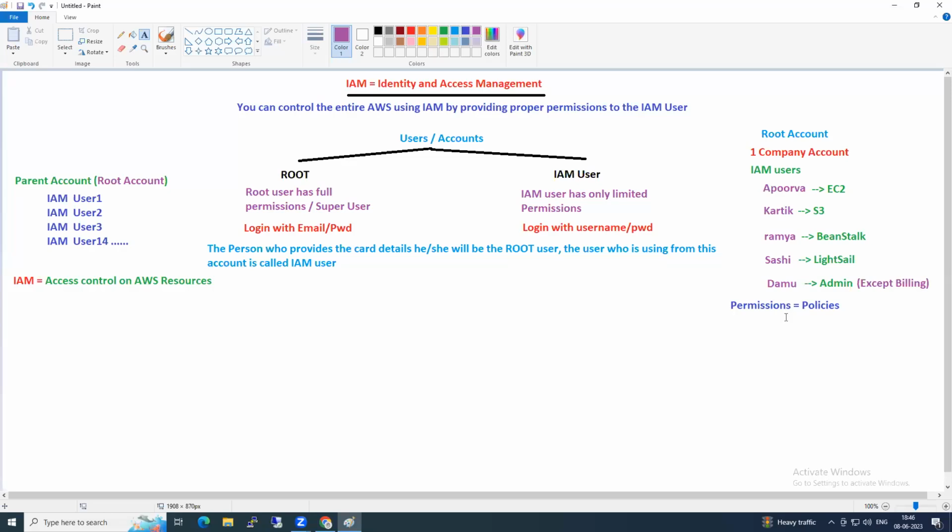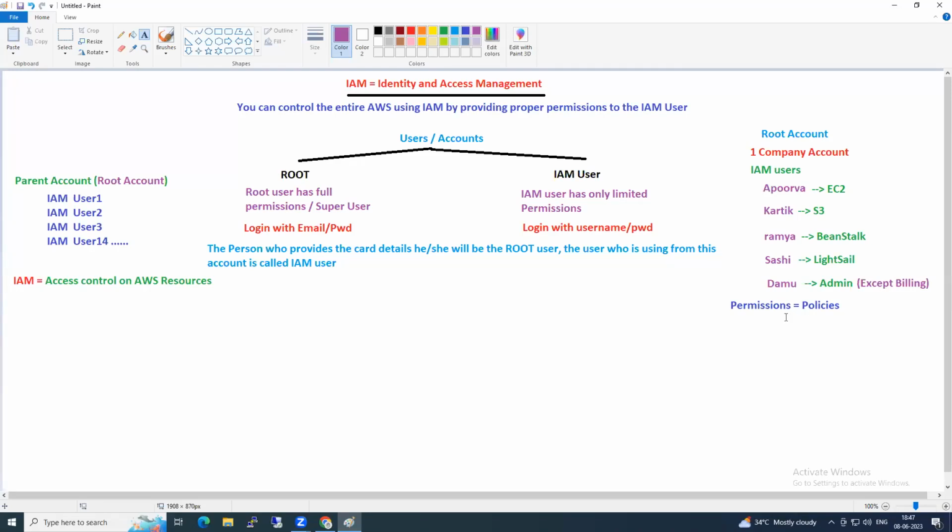Let's say this is the DevOps department, this is the admin department, and this is the security department. As a manager, can I create hundreds of IAM users and give permissions to all of them? Is it possible for me to handle all these different departments with a single account? No.